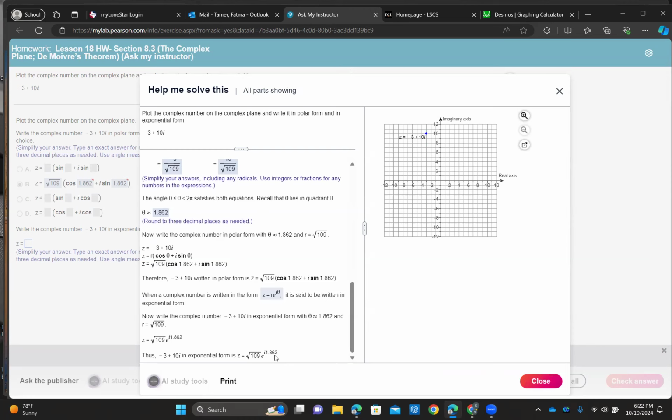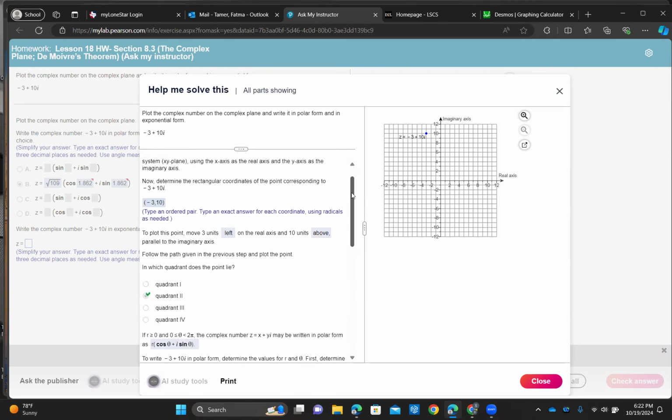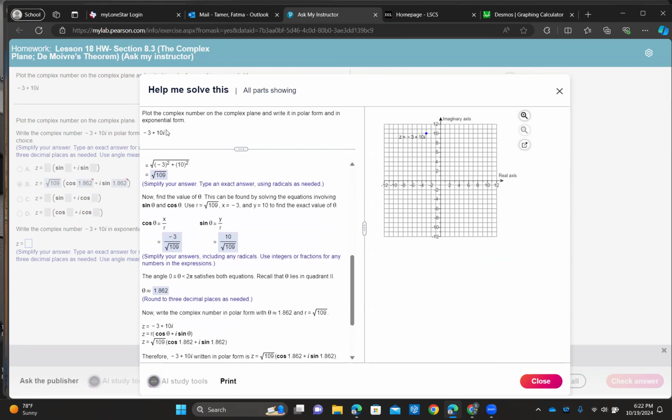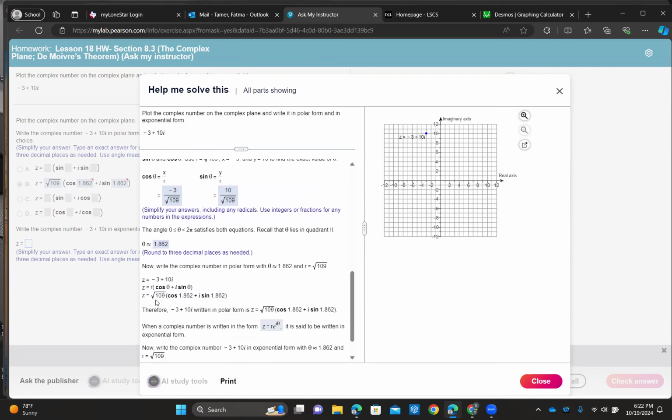So if we summarize what we're trying to understand with this question, this is a complex number, negative 3 plus 10i, and here the complex number is expressed in rectangular form. When you do a bunch of operations, like finding the r value and finding the theta, you can convert this complex number to polar form, and the polar form of the number will be square root of 109 times cosine of 1.862 plus i sine 1.862.